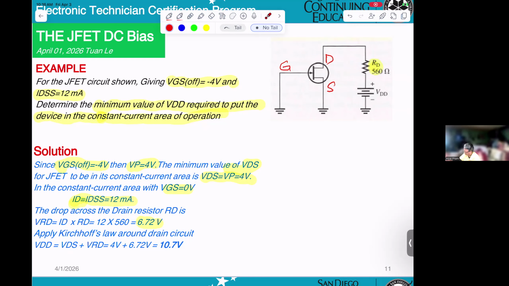Adding the voltage VDS, you get 4 volts plus VRD, and you get 10.72 volts. Again, see what they're telling you: the minimum voltage value VDD required to put the device in the constant current area of operation. Basically, VDD equals the voltage drop across RD added to VDS, and that's what we already calculated.